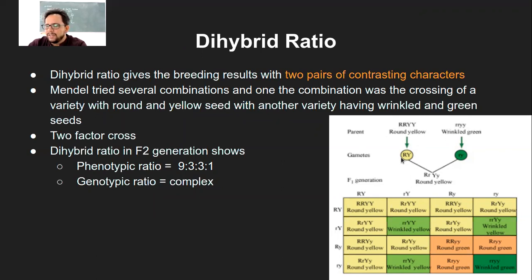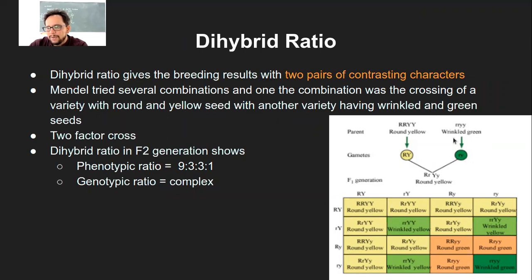Now again, this is the parent generation. When they are crossed, they will give different gametes, but all the gametes will be of this type, that is capital R, capital Y. Here also they will give different gametes. Again, all the gametes will be of small r, small y.